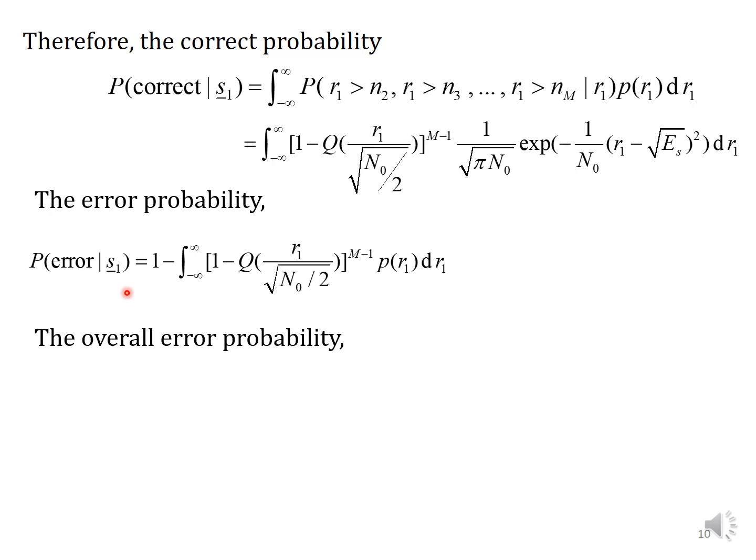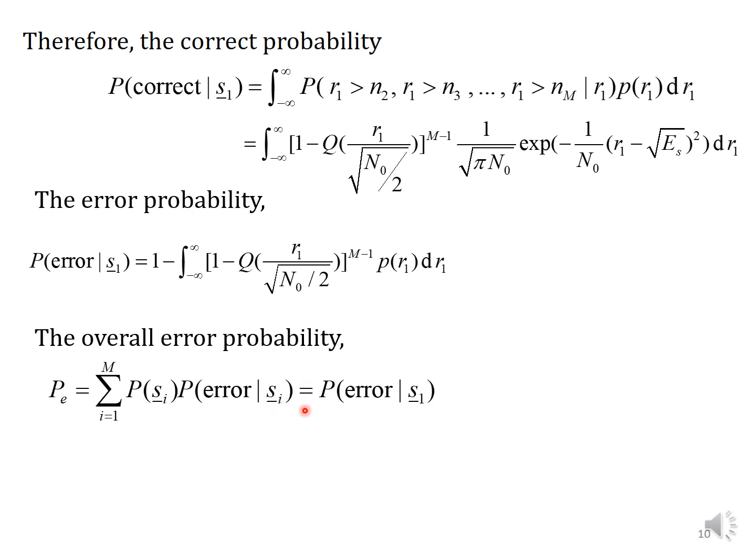Overall, the error probability is the average error probability over all the different sources.